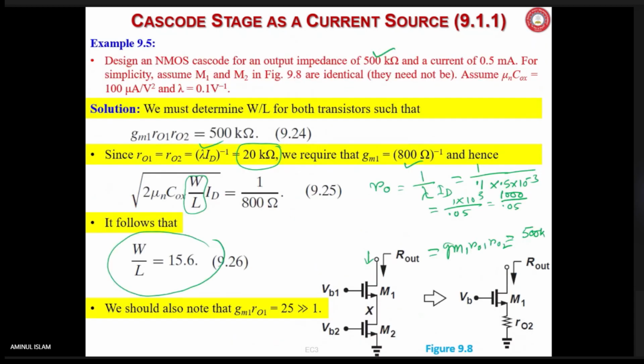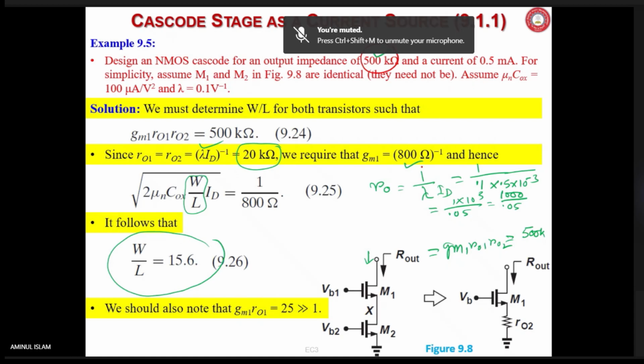Now one example. Design an NMOS cascode for an output impedance, since your target is to increase the output impedance. It is given as 500 kilo ohm and a current of 0.5 milliampere. For simplicity, assume M1 and M2 in this figure are identical. It is not necessary that it should be, but it is assumed for simplification.